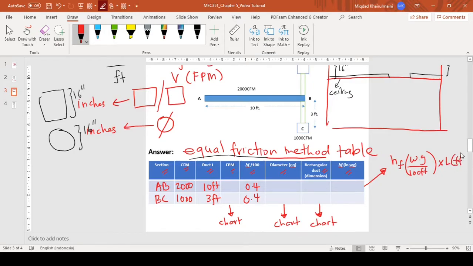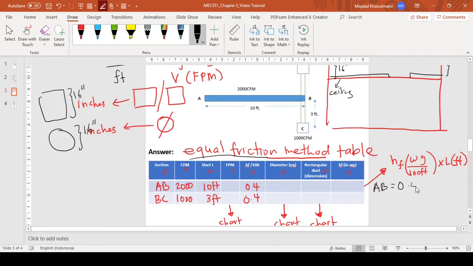So for AB here, the HF per 100 is 0.4 water gauge per 100 feet, times the length 10 feet. So we get 0.04.